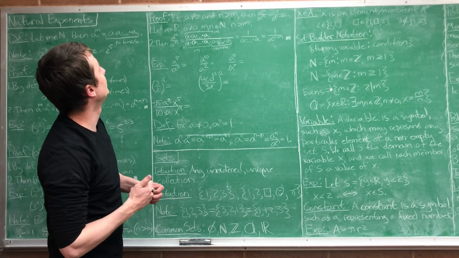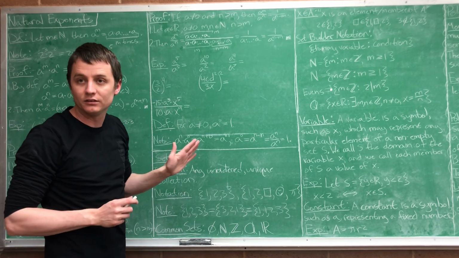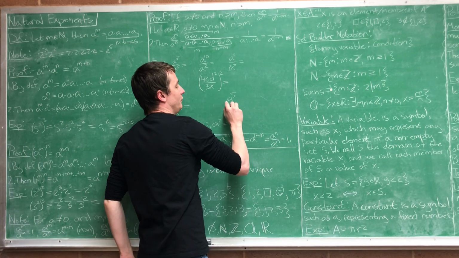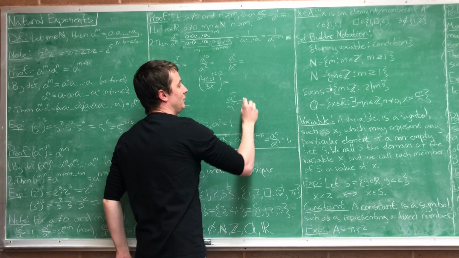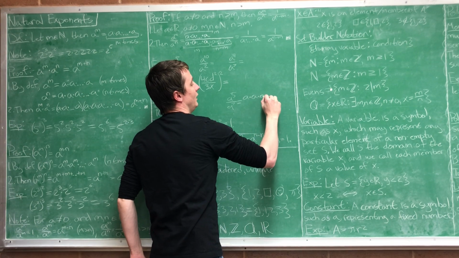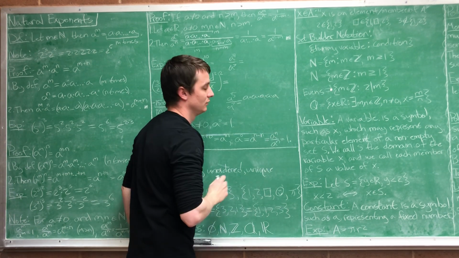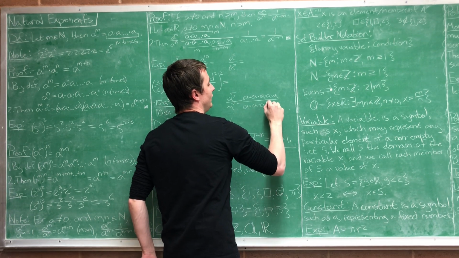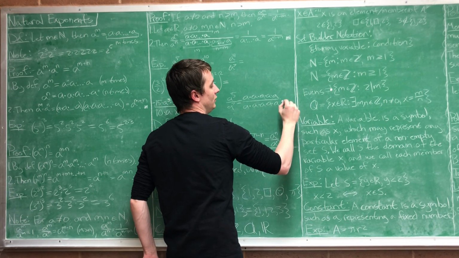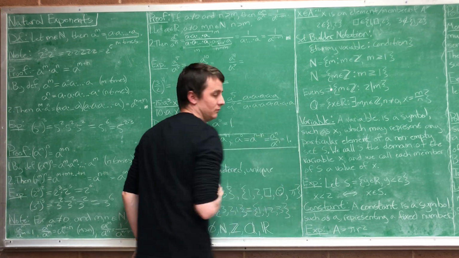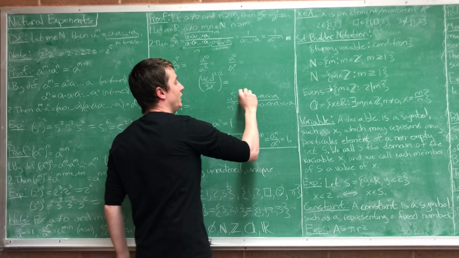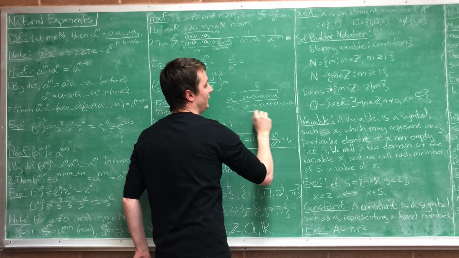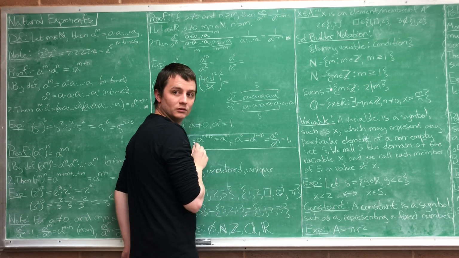Alright, let's really quick replace m with 5 and n with 7. You with me? So a to the 5 over a to the 7 is the same thing as a times a times a times a times a, all over a times a times a times a times a times a times a. Here we have m a's. There's 5 of them. Here we also have m a's. There's 5 of them.